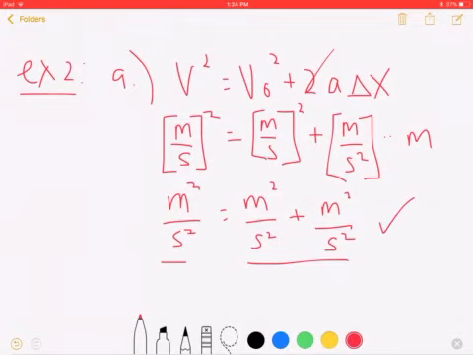Okay, so that means the equation is dimensionally consistent.